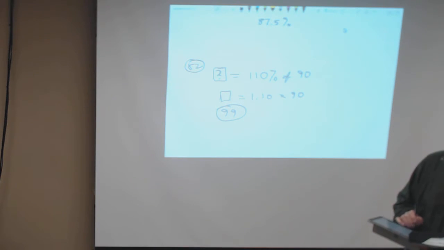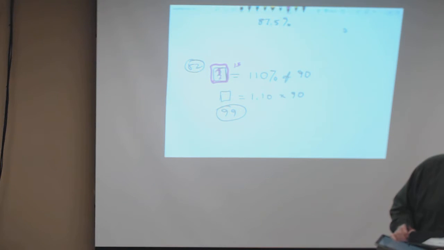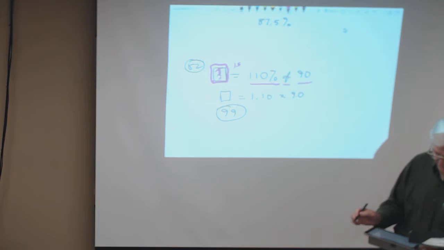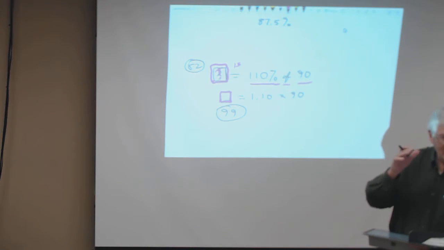Number 82 says, what is? So I put a box with a question mark. What is? That's is. What does it say? 110% of 90. So I have an empty box, and I'll tell you why I like empty boxes. It makes my mind think I'm trying to find what goes in the box.